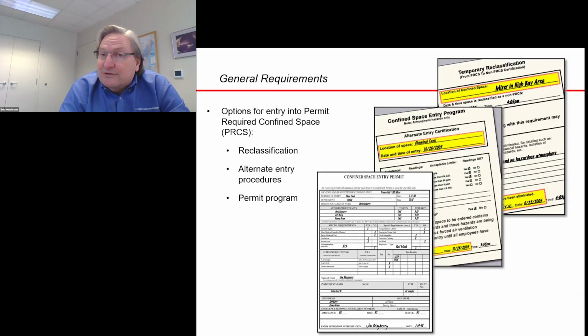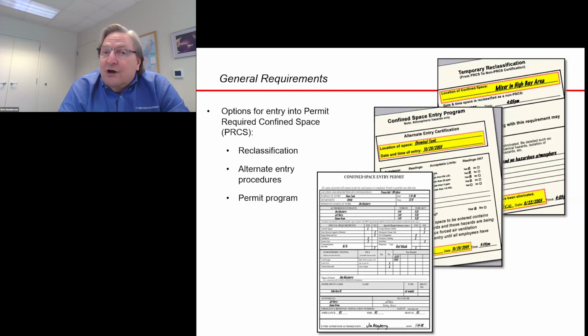If you have a permit space on your hands, you have three options. If you need to go in, I guess your fourth option is you don't go in. But if you're going to go in, if you can eliminate the hazards without entry and ensure that the hazards don't come back while the entry is underway, you can reclassify it as a non-permit space.